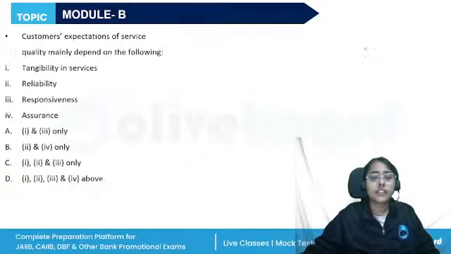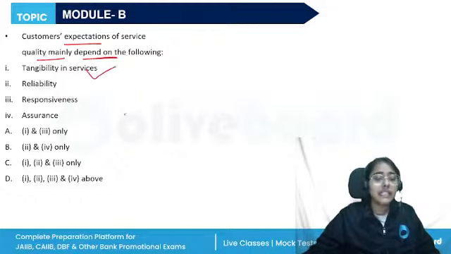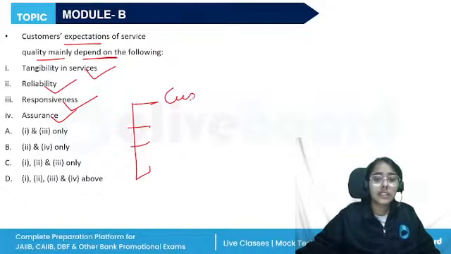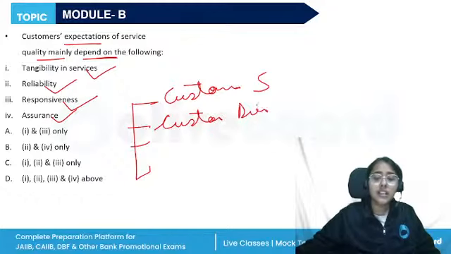Next, customers' expectations of service quality mainly depend on the tangibility in the services, reliability, responsiveness, and assurance. So there are three levels: customer satisfaction, customer dissatisfaction, and customer delight.